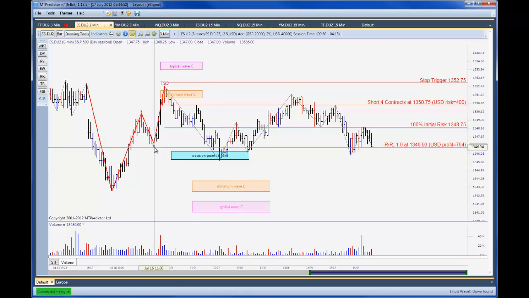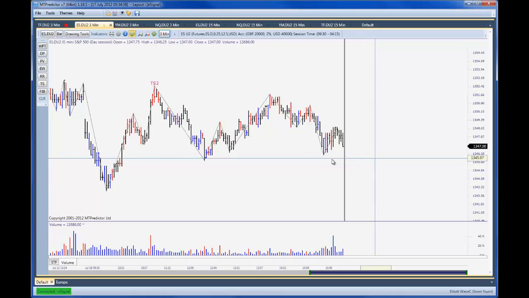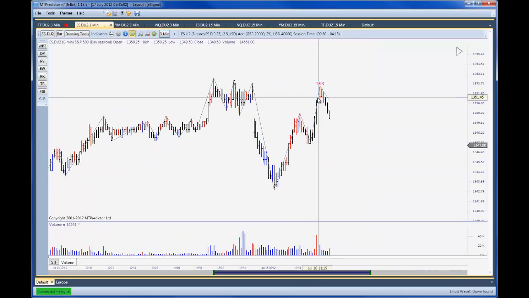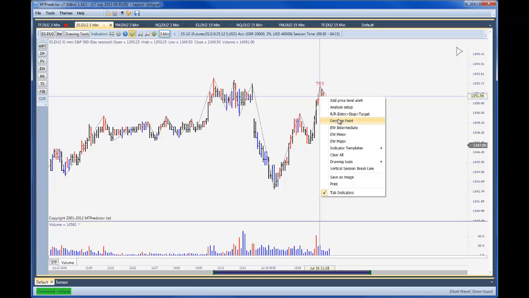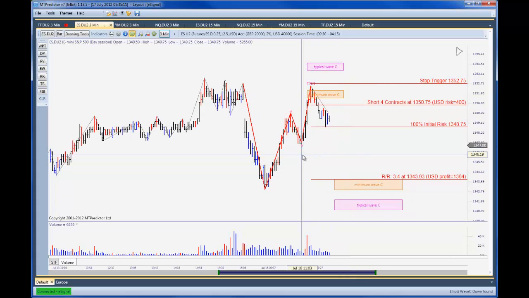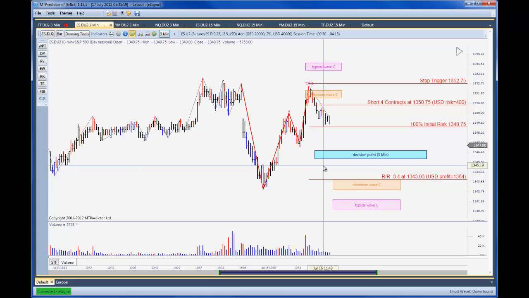So it basically gives you in advance an area of where you want to be wary for this kind of reversal. So if I look at this and I drag the chart back, so as the market is here, put the analysis on, as the market is starting to go down like this, what you can do is you can now put on this decision point, and there it is on the chart in advance.